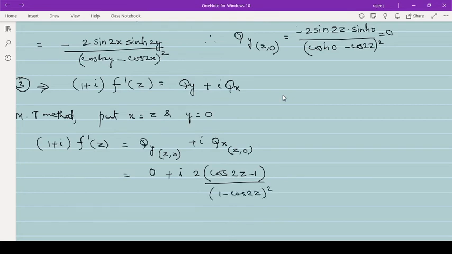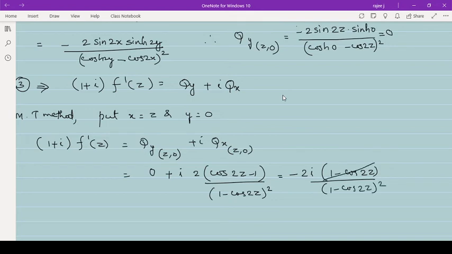Now this is equal to, see here i into this is cos 2z minus 1 and this is 1 minus cos 2z. So what I am doing here is taking a negative sign outside. So this will become minus 2i into 1 minus cos 2z in the numerator, and denominator it is 1 minus cos 2z the whole square. So you can cancel one term here.